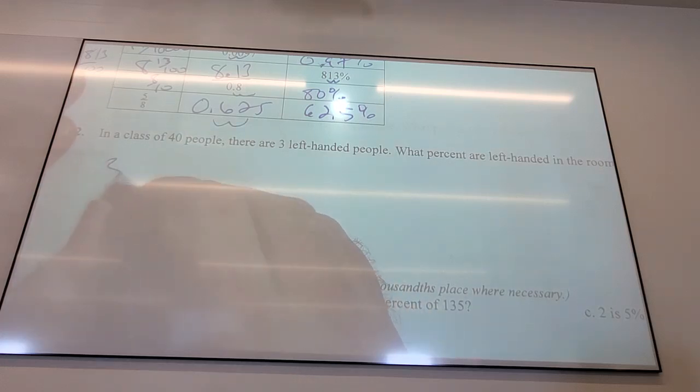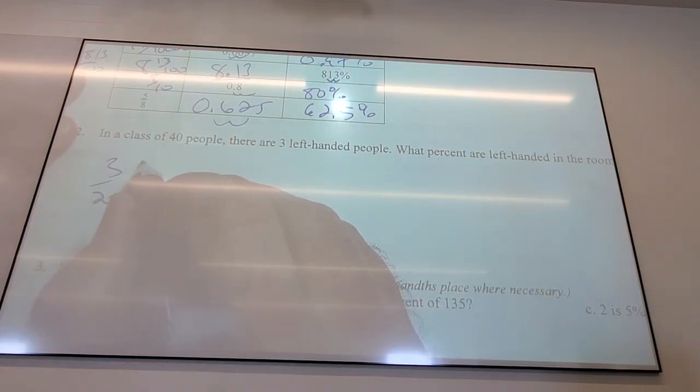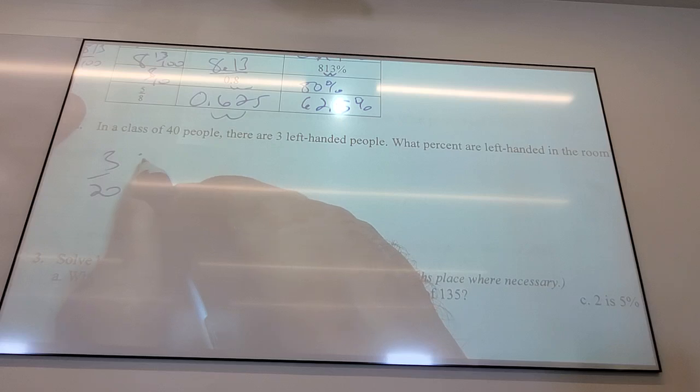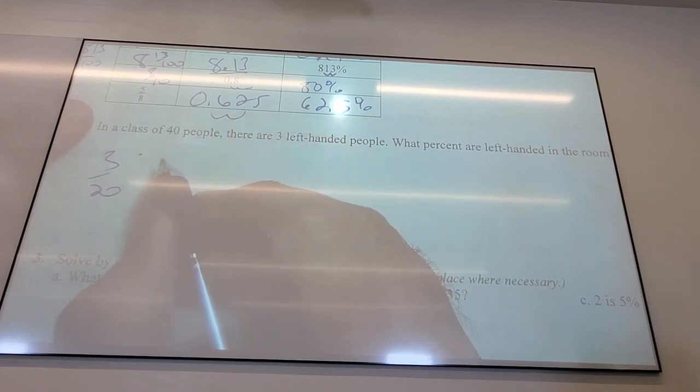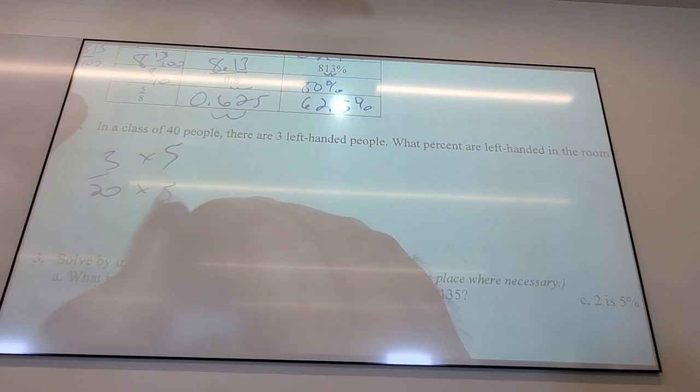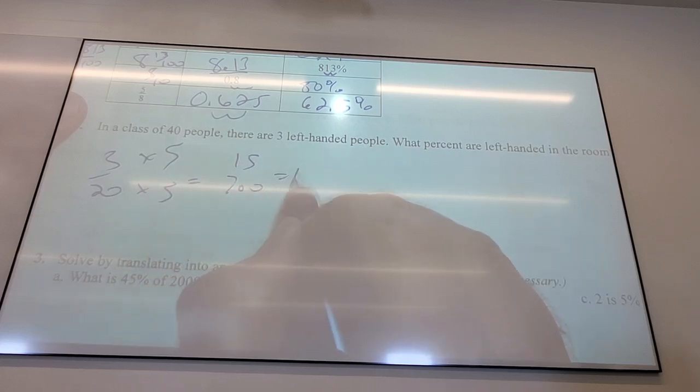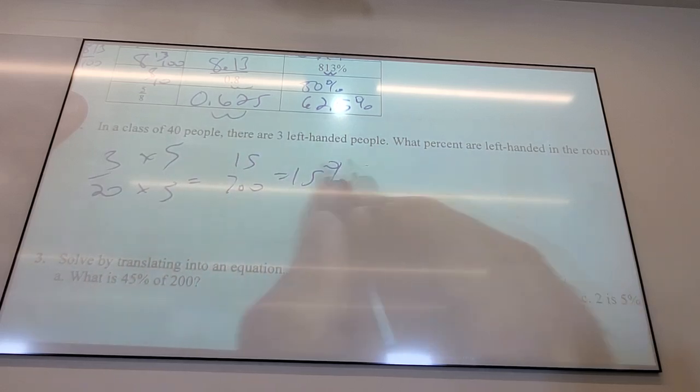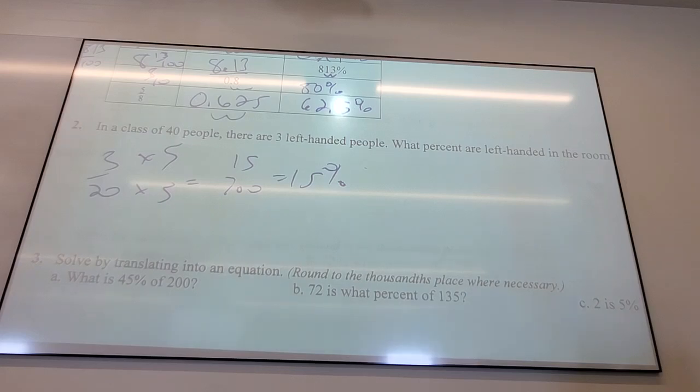So if I do 3/20, how do I make that into a percentage without long dividing? Multiply by 5. That would be 15%. But that's not our answer because we want 3/40.